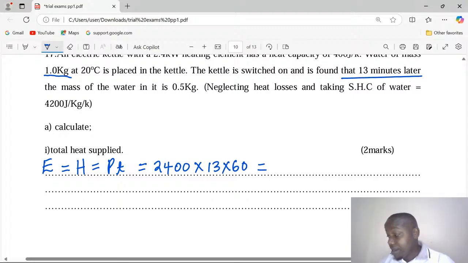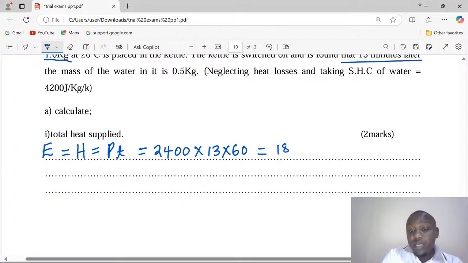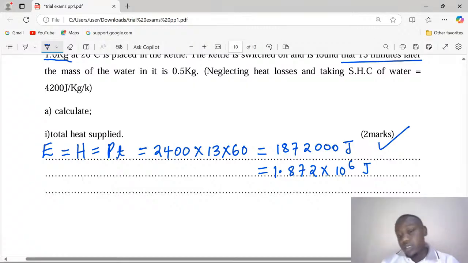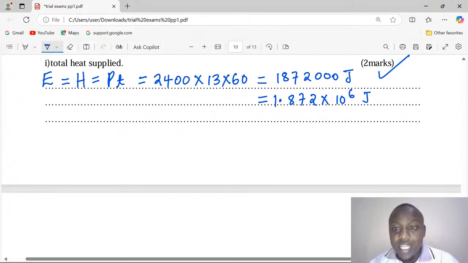When you carry out this multiplication, you get 1,872,000 joules. That is already correct, but you can still write it as 1.872 times 10 power 6 joules in standard form. That is the total heat supplied.